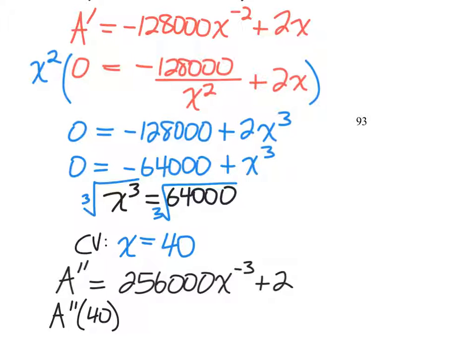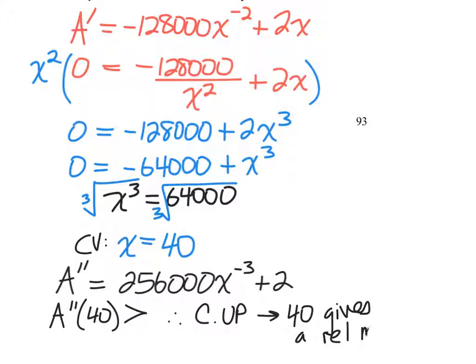Just take note of what type of number that would be. A negative exponent doesn't make a number negative, it just makes it into a fraction. So a positive number in a fraction form is still going to be a positive number. A positive quantity added to another positive quantity, result is going to be positive. So therefore we're looking at something that's concave up, and that tells us that 40 gives a relative min.